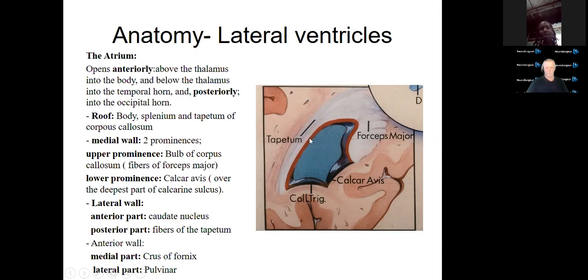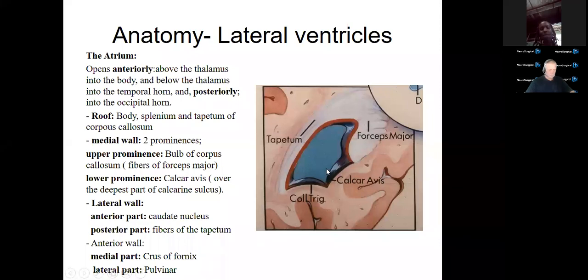The medial wall presents two prominences: the bulb of the corpus callosum, which covers the fibers of the forceps major, as we can see here, and then the lower prominence, which is the calcar avis, which covers the deepest part of the calcarine sulcus.